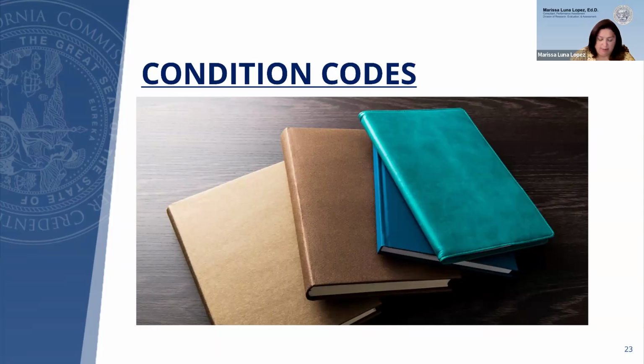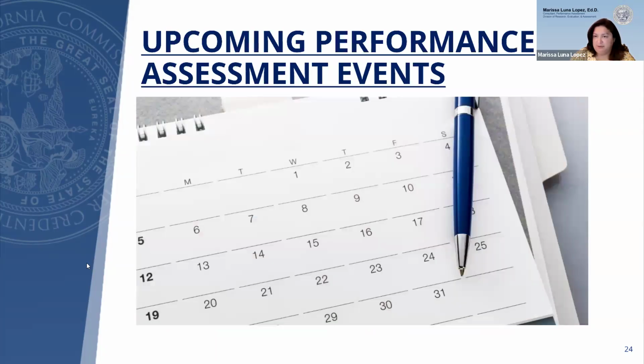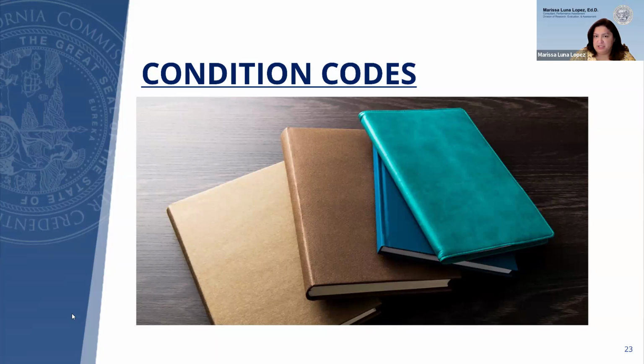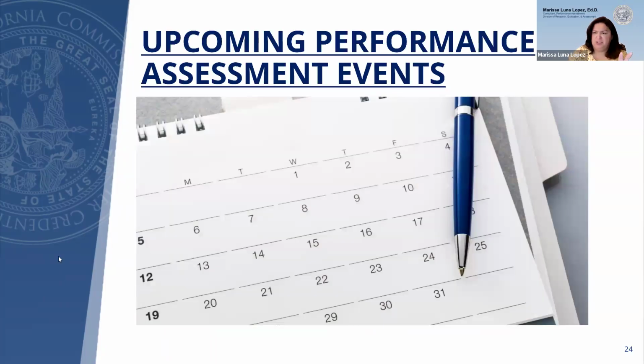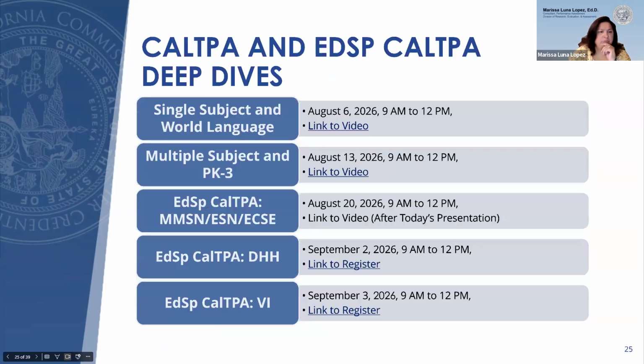Maybe we could grab that and put it in the chat by the end of this. But we do have accommodations that people can follow. There's nothing for more time because it's a self-driven performance assessment, but there is quite a bit of evidence that a candidate would have to submit in order to receive some of those accommodations on the performance assessment. We'll finish up this and then I'll go ahead and get that to you.